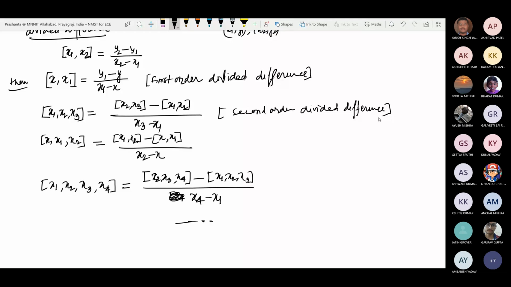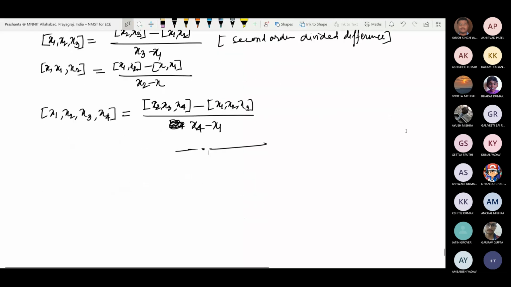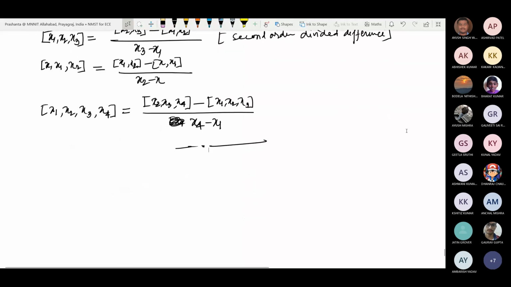Okay, fine. So now let us try to find the polynomial using this concept. So Newton's divided difference. Again, we'll assume that n plus 1 data points are there.